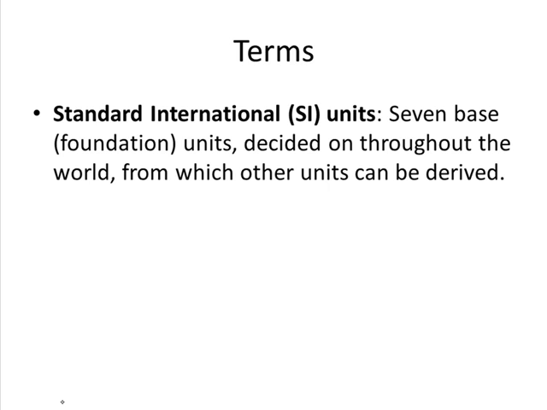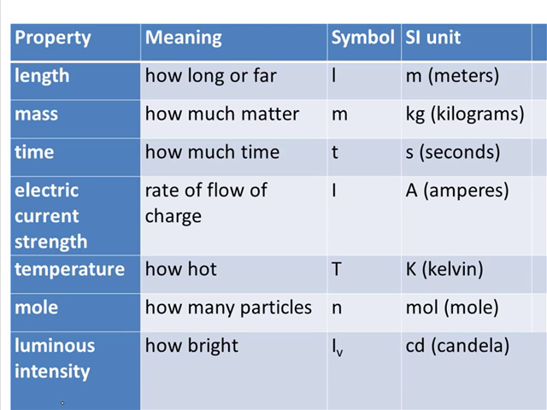There are 7 units which have been decided throughout the world to be called Standard International Units, or SI units. And these units can be used to derive other units. These are the 7 properties and their units: length, mass, time, electric current strength, temperature, mole, and luminous intensity.